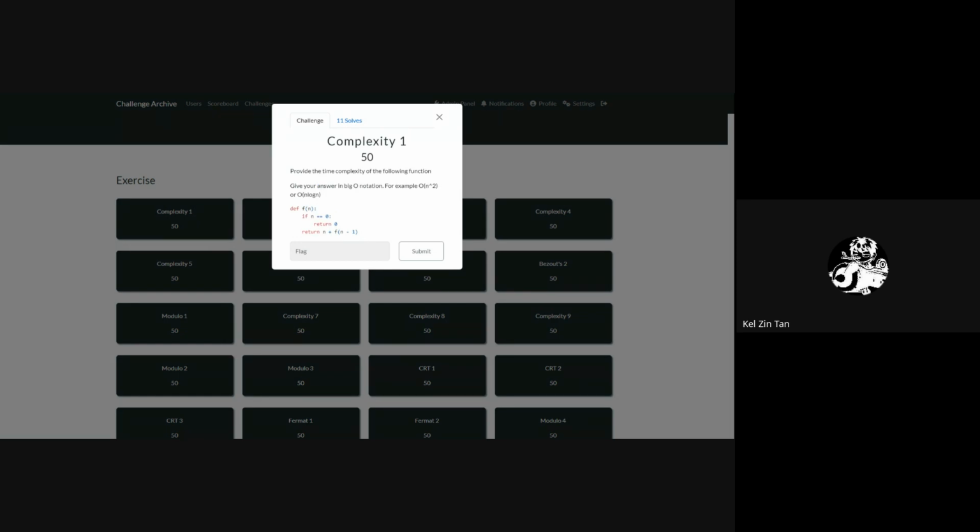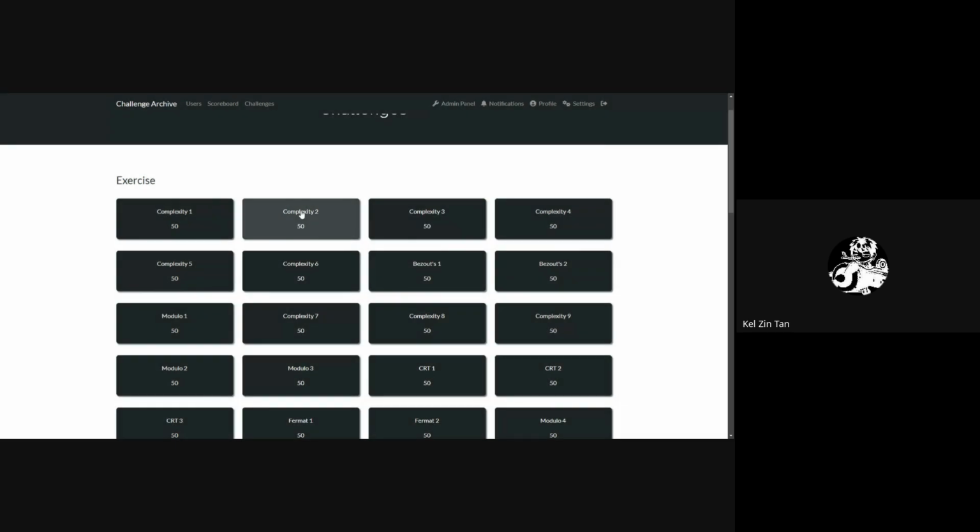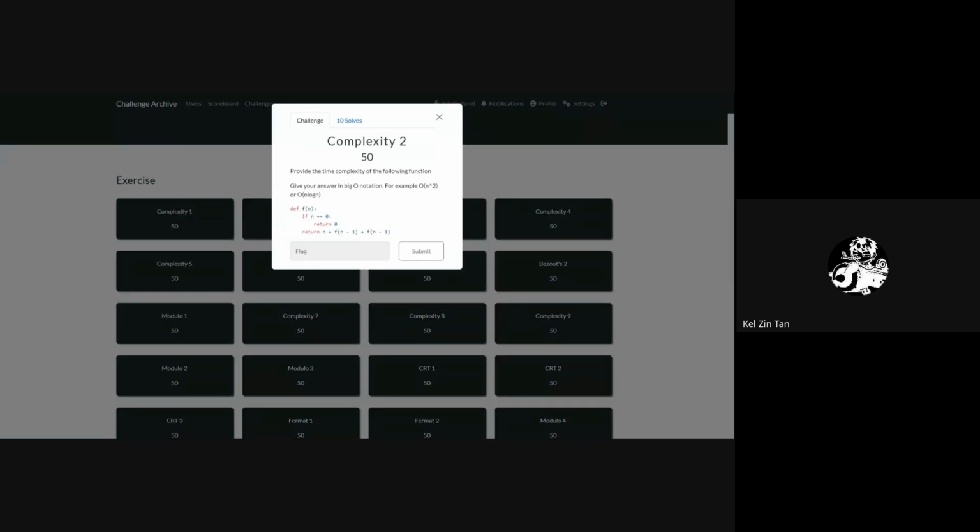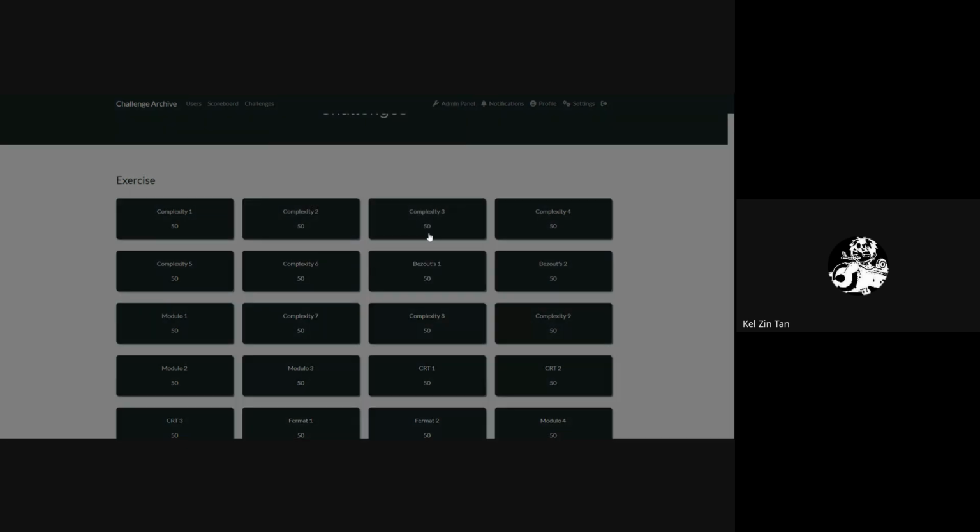For complexity one, I believe most of you get it, which is just O(N), because you just recurse it down and then count the tree of recursions. This one is slightly more complicated, but if you analyze it hard enough, then you can also get the answer. I think most of you get it also.